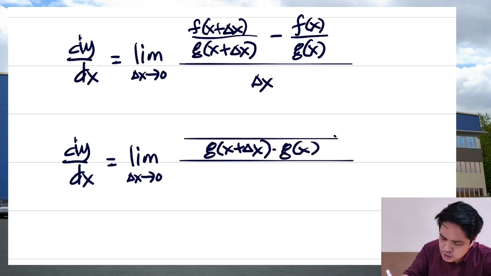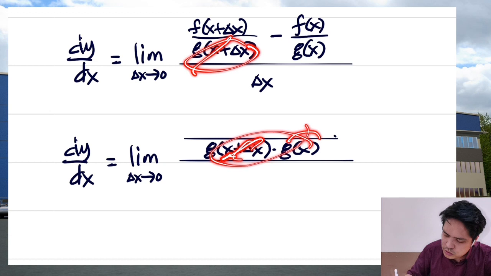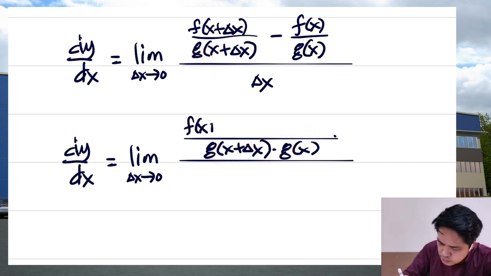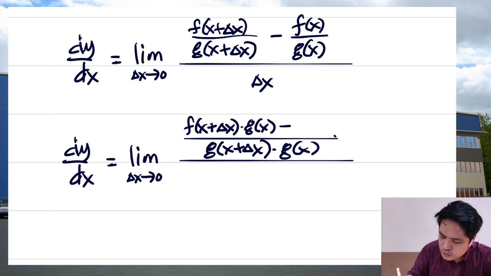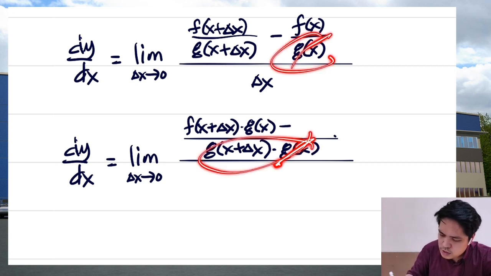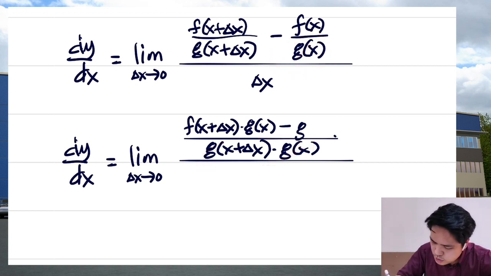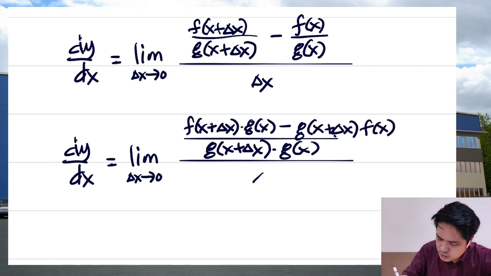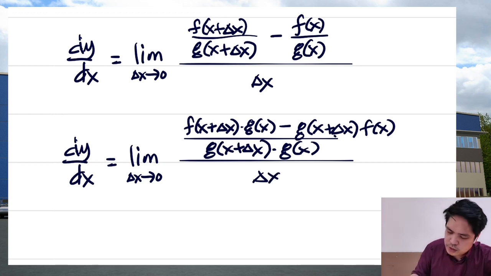Then numerator niya, that would become this divided by this, so cancel out, so g of x na lang. f of x plus delta x times g of x, then minus, of course, this divided by this. So we have g of x plus delta x times f of x all over delta x.